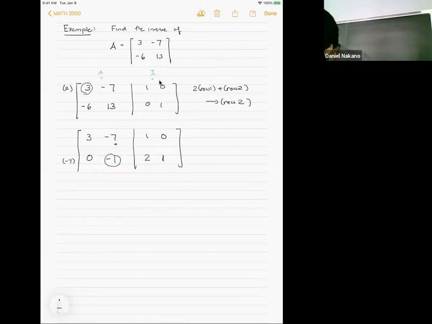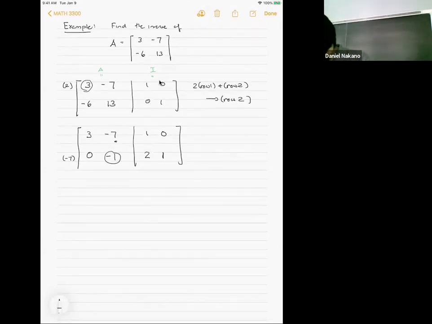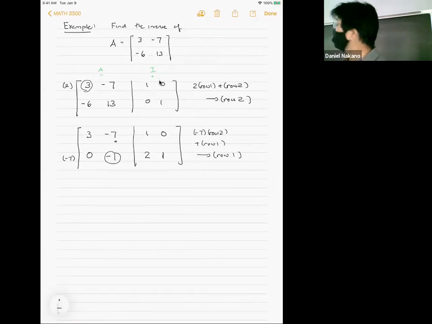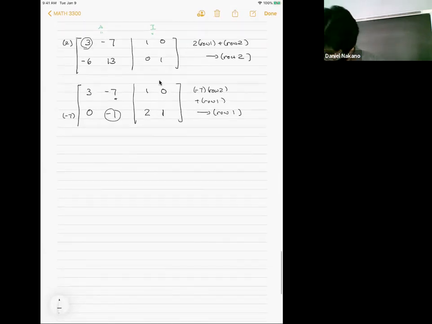Okay, so let me write out this thing. I'm going to multiply -7 times row 2, add it to row 1, and then insert it into row 1. So let's do that.